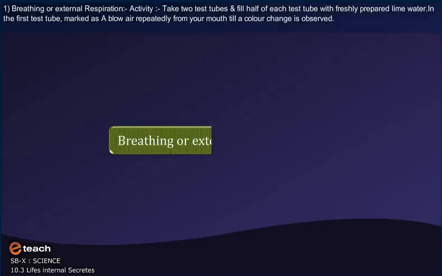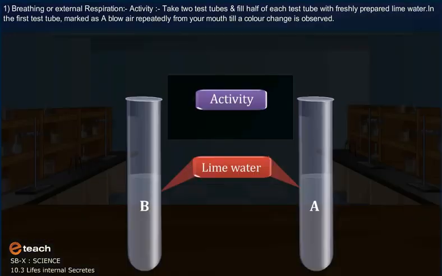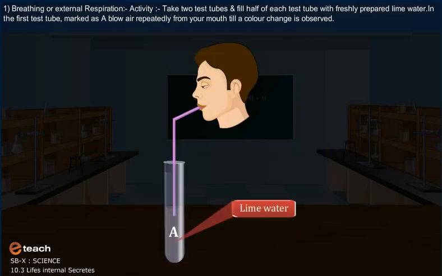Breathing or external respiration. Activity: take 2 test tubes and fill half of each test tube with freshly prepared lime water. In the first test tube, mark as A, blow air repeatedly from your mouth till a color change is observed.